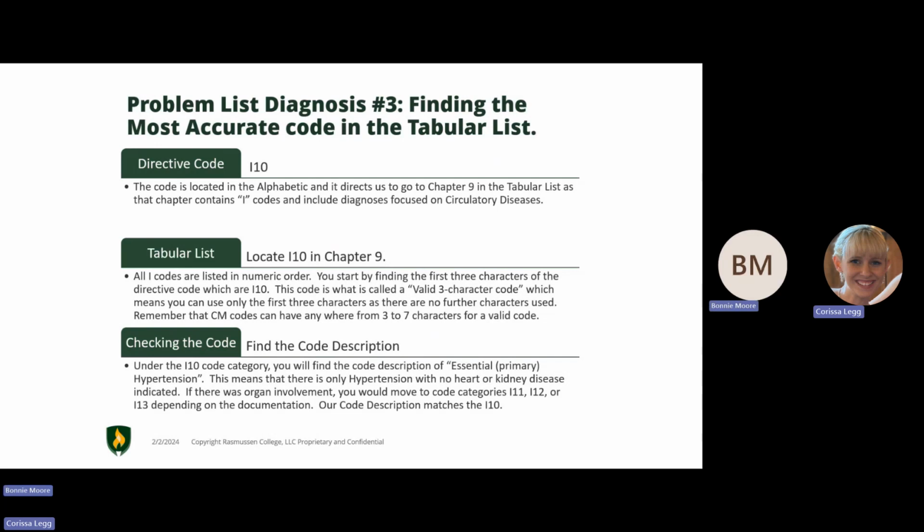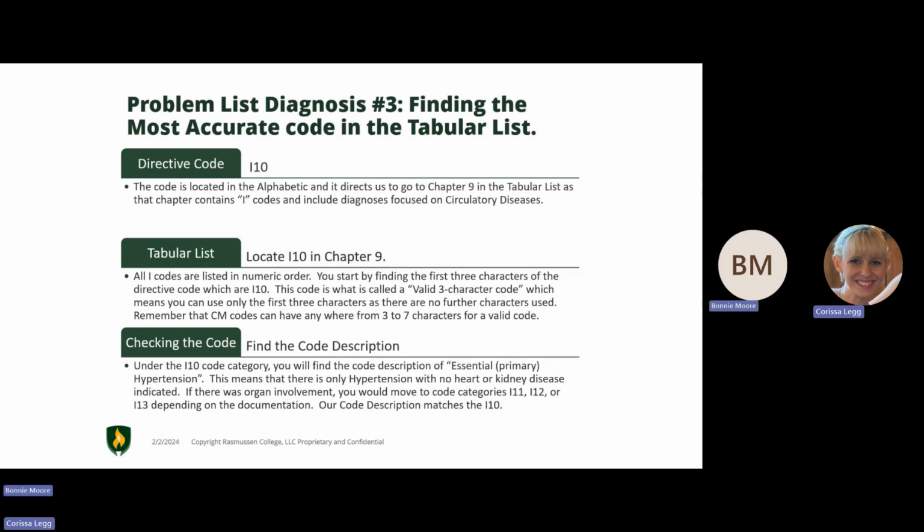What I do want you to be very aware of, if you ever see them using an I-12 code or an I-11 code, when all there is is regular hypertension, that would actually be overcoding, because you're adding in other problems that aren't there.